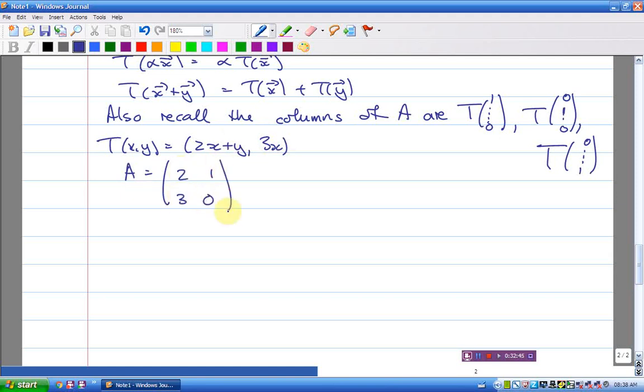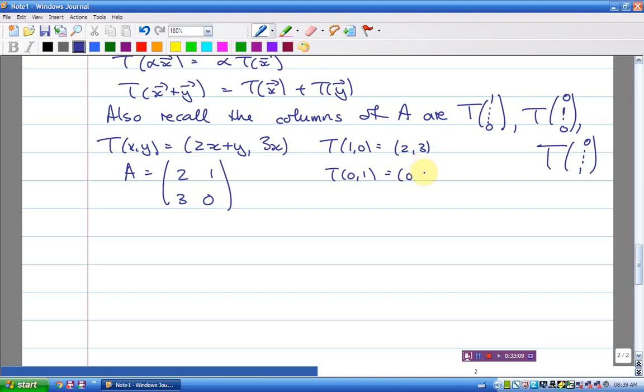Just think about what T of... Now that's 2 by 2. A 2 by 2 matrix only has 2 columns to its identity matrix, (1, 0) and (0, 1). T of (1, 0) is (2, 3). And T of (0, 1) is (1, 0).